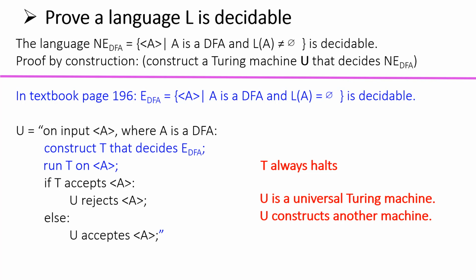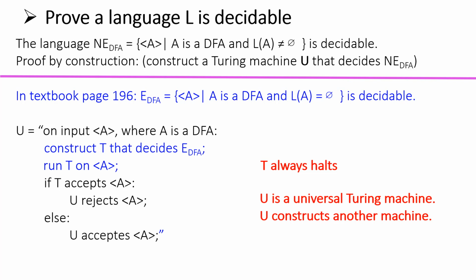In the textbook, page 196, language EDFA is proved to be decidable. So there exists a Turing machine that decides EDFA. Let's call such a machine T, and we use it in our machine U. Now I show you how I construct a decider U that decides NEDFA.